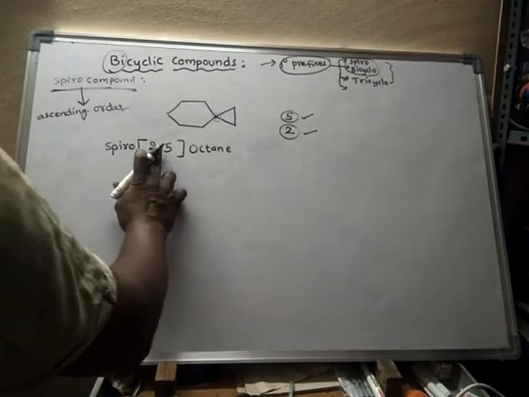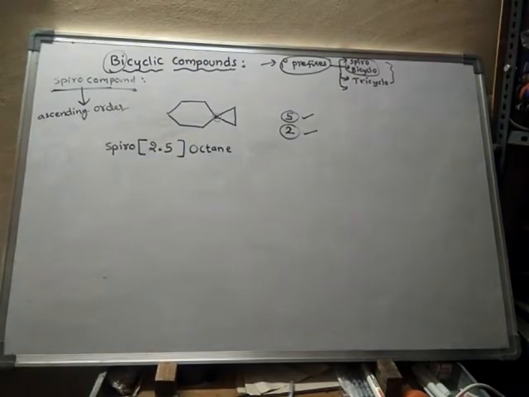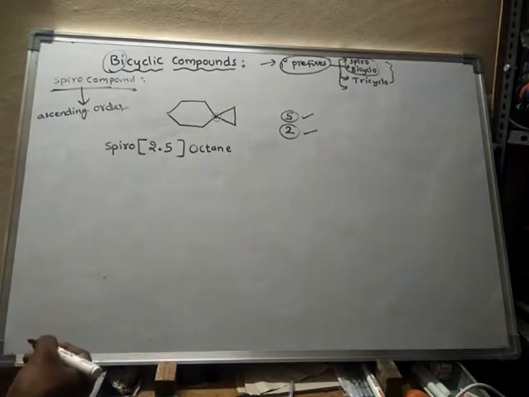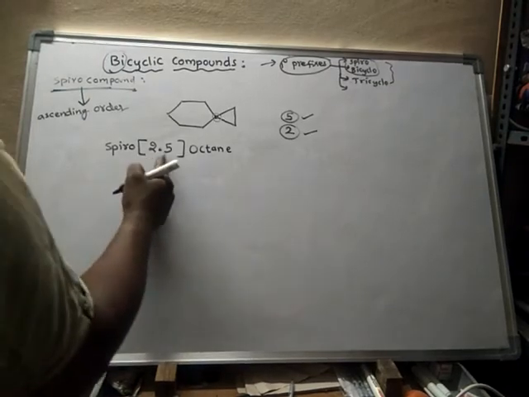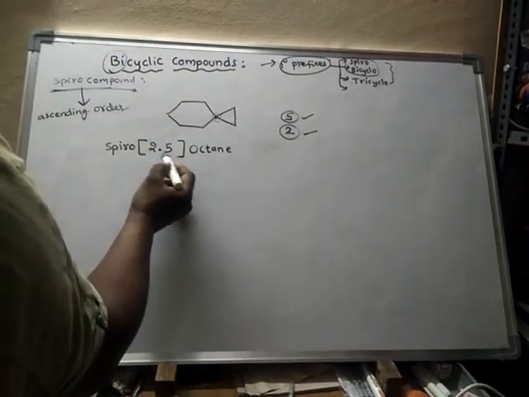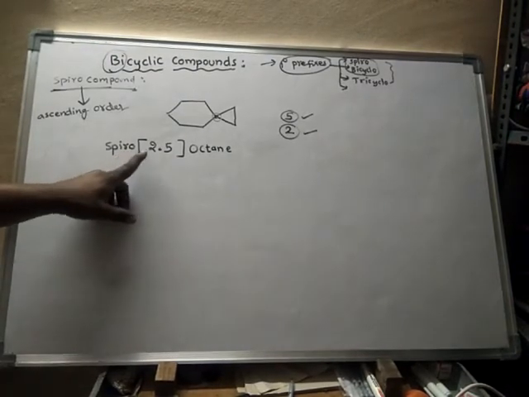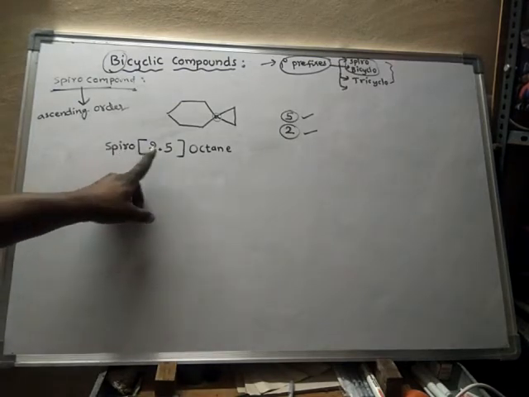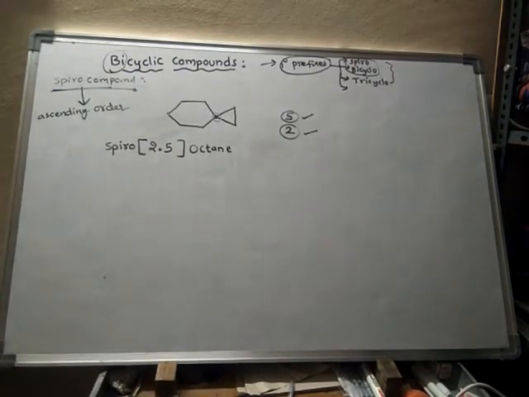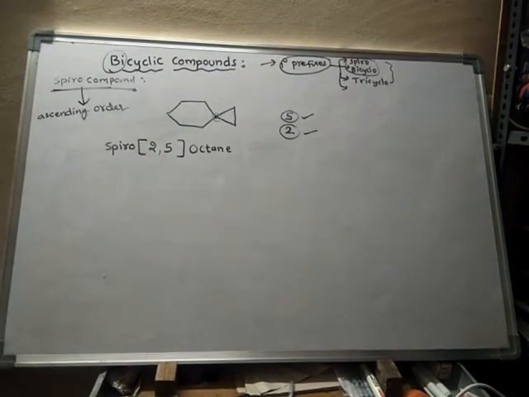In some books there is a practice of using a dot; some books use dots also. So either commas or dots may be used between the two rings' numbers. Now what is the name of this compound? It is spiro[2.5]octane, or spiro[2,5]octane.